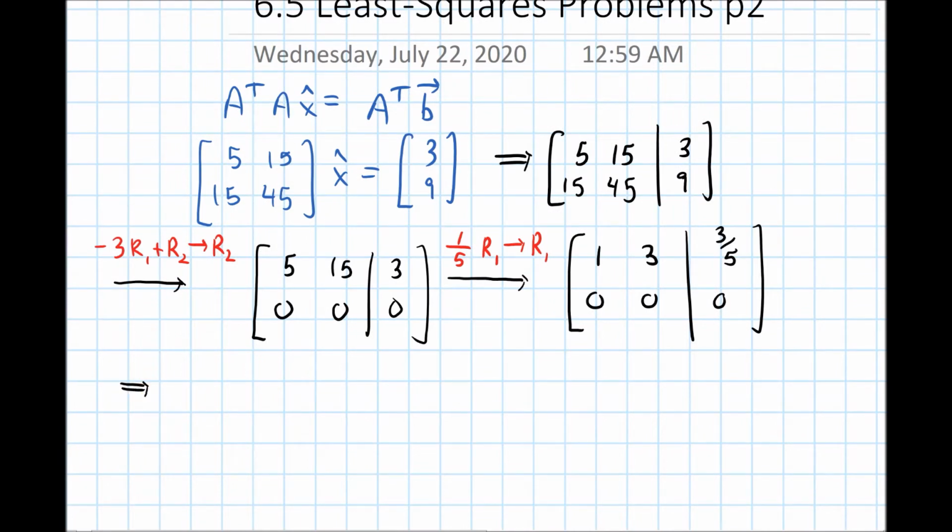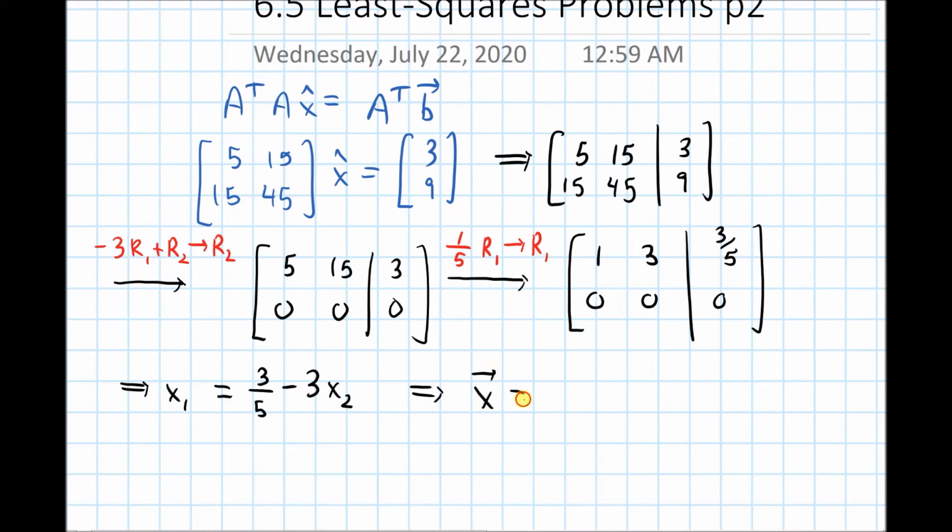For the top row, we get x1, and I'm going to move the 3x2 over to the other side, so this is equal to 3/5 minus 3x2. All right, now we are ready to write down our answer as a vector.